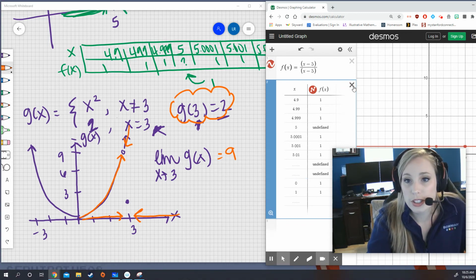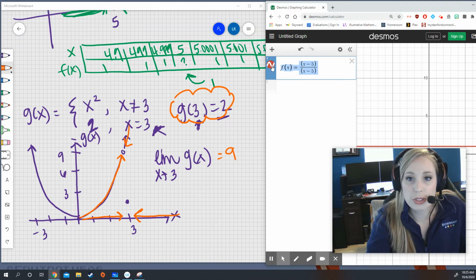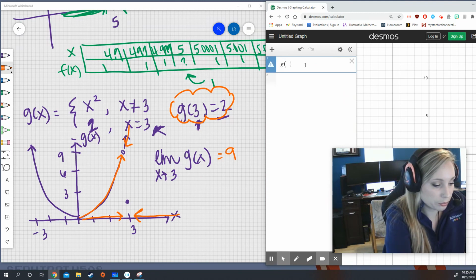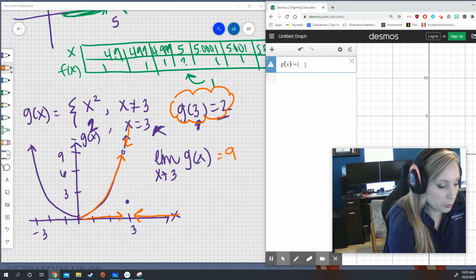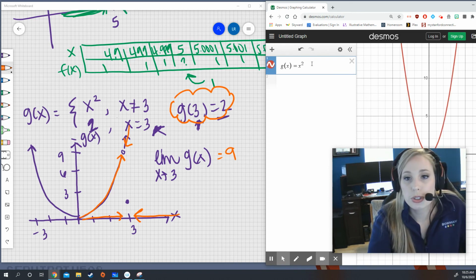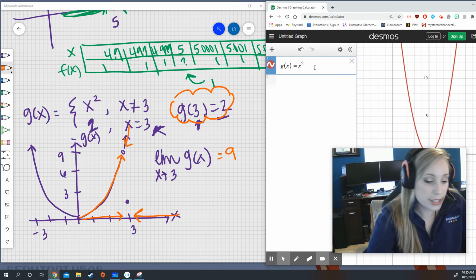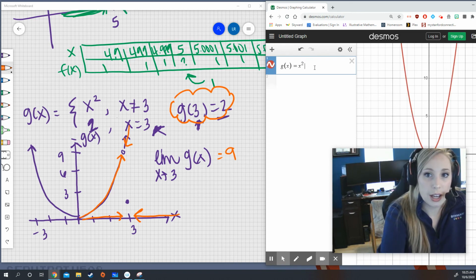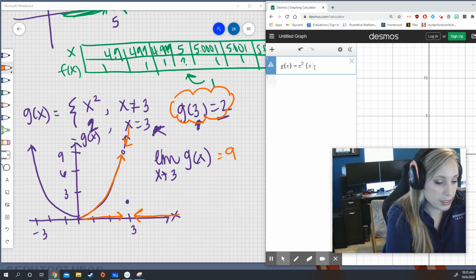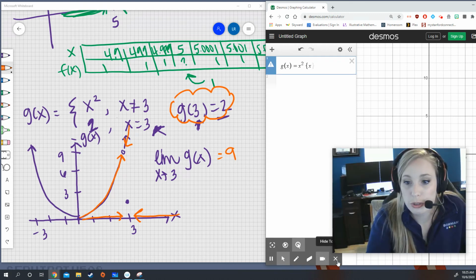So let's look at this one. So g of x equals x squared, except for, let's see, I've never tried this before. How do I say does not equal? Ooh, I bet there's a button down here.